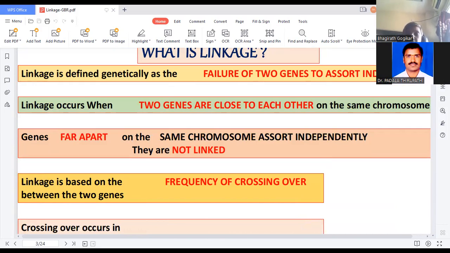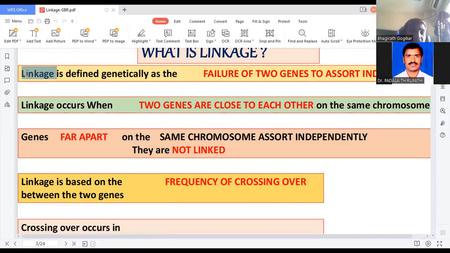In the Mendel dihybrid ratio, we can explain one law. What is that law? The law of independent assortment. The law of independent assortment of genes fails due to one phenomenon.